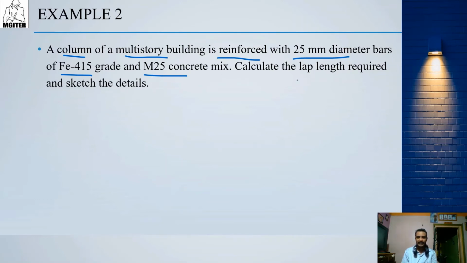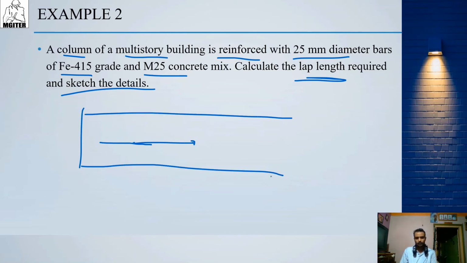Calculate the lap length required and sketch details. Lap length means your reinforcement looks like this and this is the end, but your structure goes further, so at this type of reinforcement, this length is called lap length.